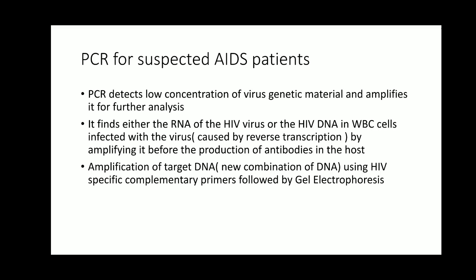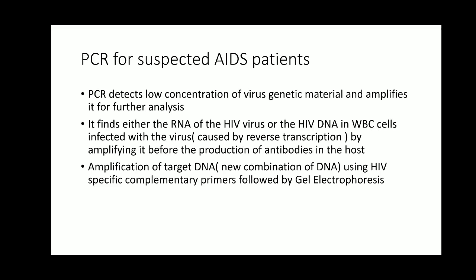Using this PCR reaction, you can also say how much infection is present, since there are different stages, stage 1, stage 2, for HIV infection. Every time, they perform the PCR reaction and check the amount of infection by the size of the DNA, whether it is increasing or decreasing after the PCR reaction.